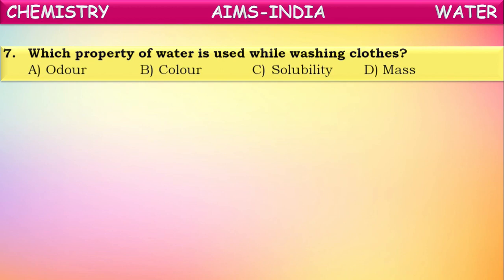That's called solubility. Because of this solubility, we are able to separate these dirt particles and impurities from the clothes. So the property used here is the solubility of water. Water can dissolve most substances into it. That property is used in washing clothes.